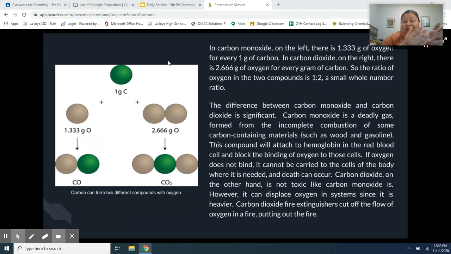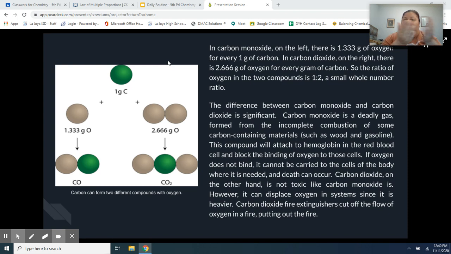That's carbon monoxide, CO. Carbon dioxide, CO2. Not only is it the gas that we breathe out in the respiratory process, but it is also non-toxic. It can, however, displace oxygen in a system because it is very heavy.